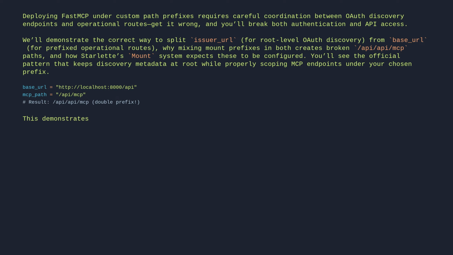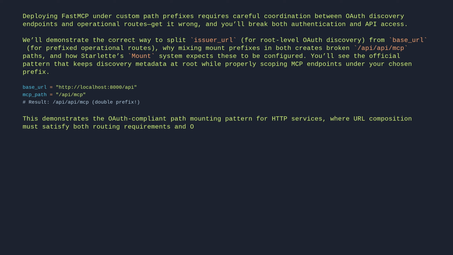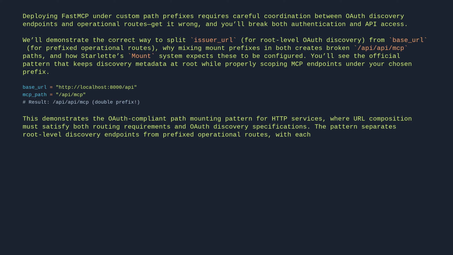This demonstrates the OAuth-compliant path mounting pattern for HTTP services, where URL composition must satisfy both routing requirements and OAuth discovery specifications. The pattern separates root-level discovery endpoints from prefixed operational routes, with each serving distinct purposes in the authentication flow.